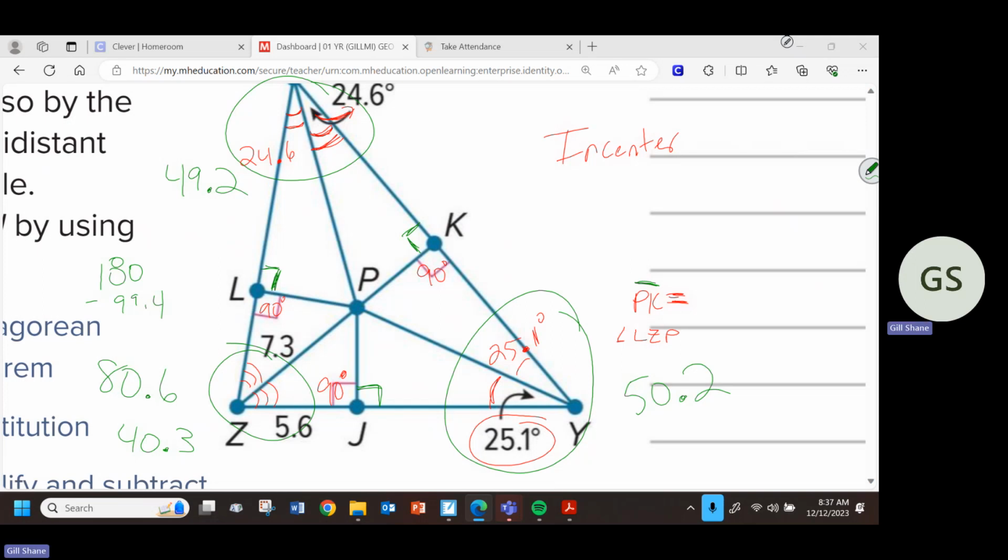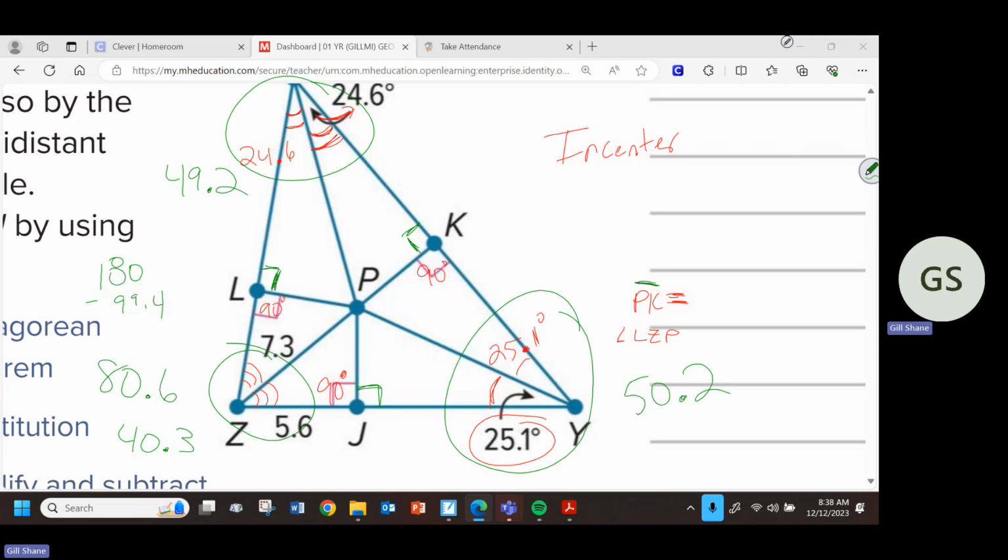What's true about the incenter when it comes to sides or line segments? This is the main thing you need to know about the incenter. And well, in addition to the fact that it's created by angle bisectors, the incenter itself is what? It is in the center, but center means a lot of different things.